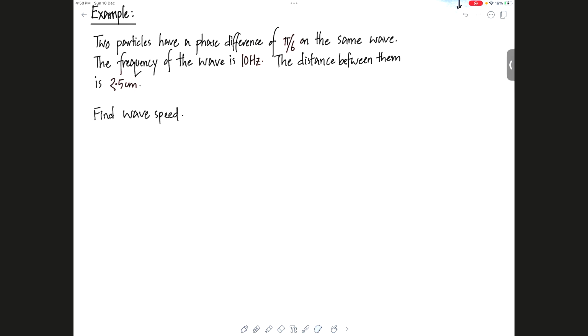Do you always consider the wave to be 2 pi? Yes, because once it's 2 pi, it creates a complete cycle. So that's one wave.